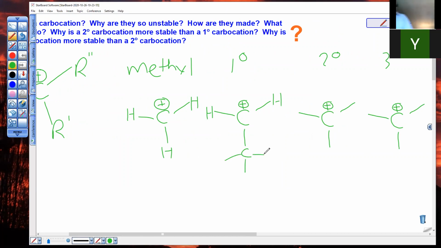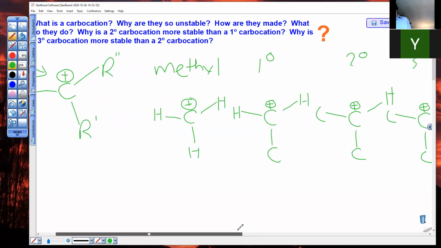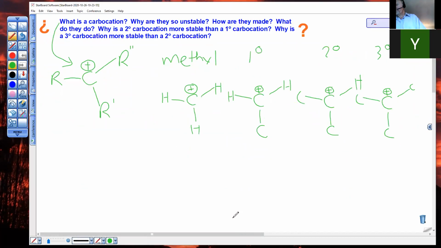And over here, I don't know, what are we going to show? Just carbon's fine. Here we got a couple carbons and a hydrogen. And here we have all carbons. So those are our carbocations for the next couple weeks.